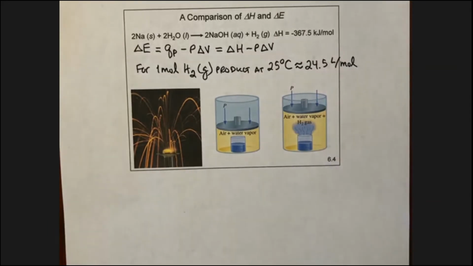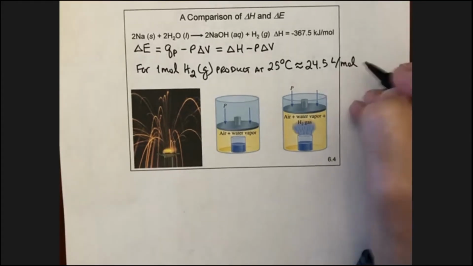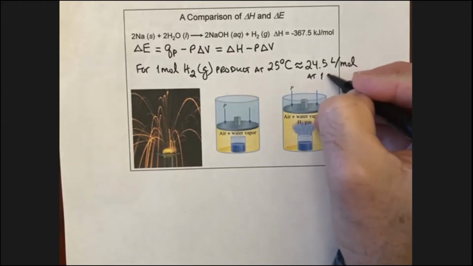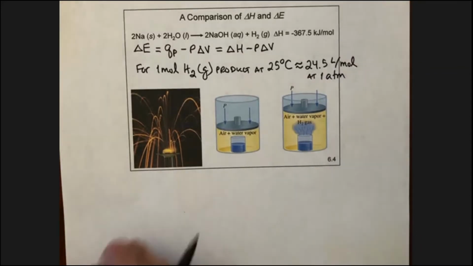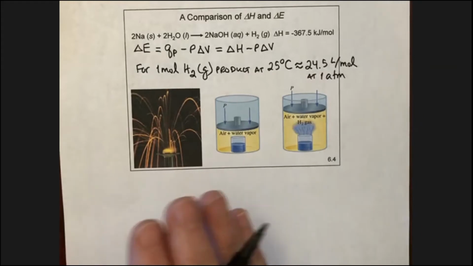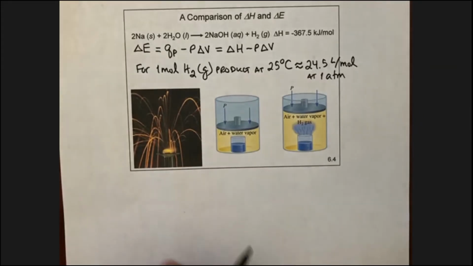And some of you in your calculations of the mock data might have gotten something in that range. It might have been smaller, but that doesn't matter. This is at 1 atmosphere. I'm just giving you this value, all right? There's no magic in it.